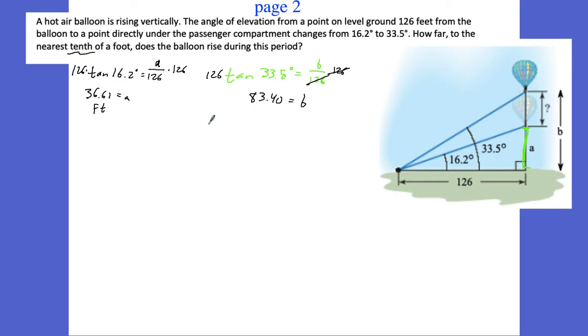We want to subtract these, so 83.40 minus 36.61 equals 46.79, which rounds to 46.8 feet.